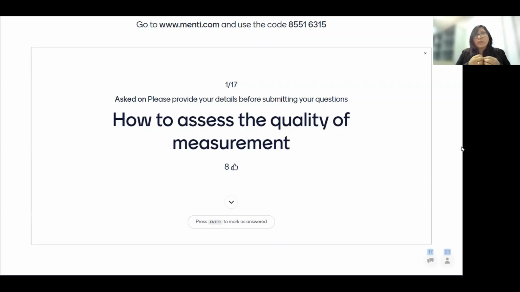However, when we say reproducible, it is a kind of repetition, but with different evaluators. Different individuals are involved in using the metrics for measuring the same object. And this implies different conditions, environments, different locations.